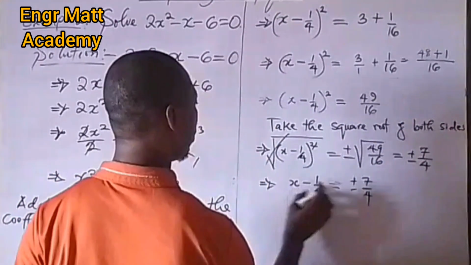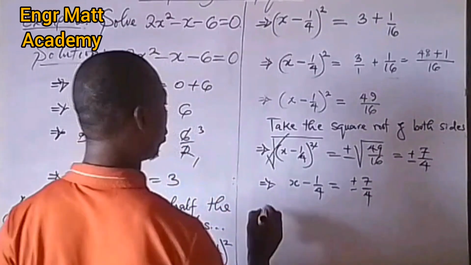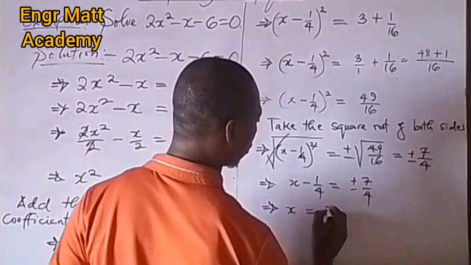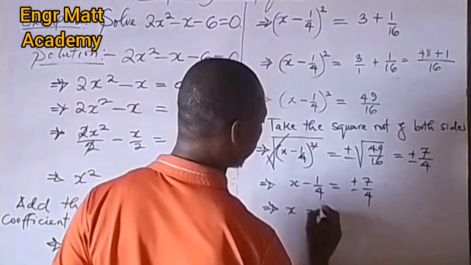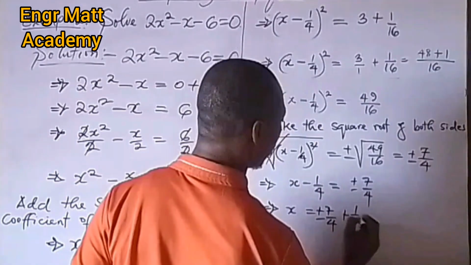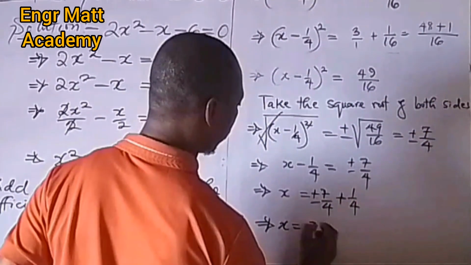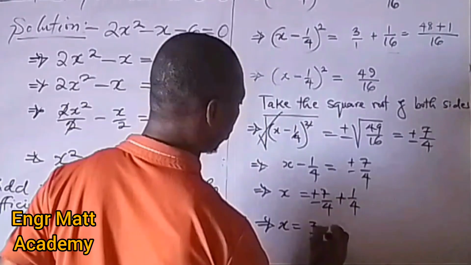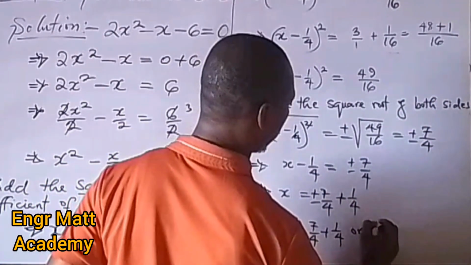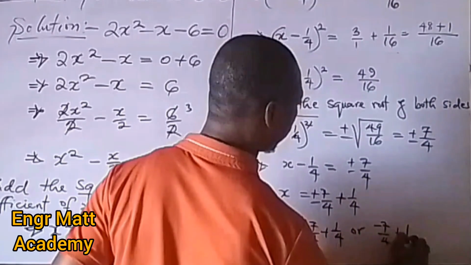To get x now, we move minus 1 over 4 to the right hand side of the equation. That is, x is equal to plus or minus 7 over 4 plus 1 over 4. So x is equal to 7 over 4 plus 1 over 4, or minus 7 over 4 plus 1 over 4.